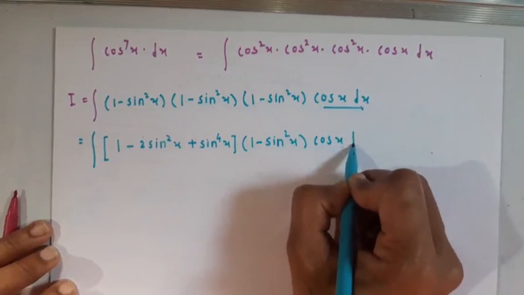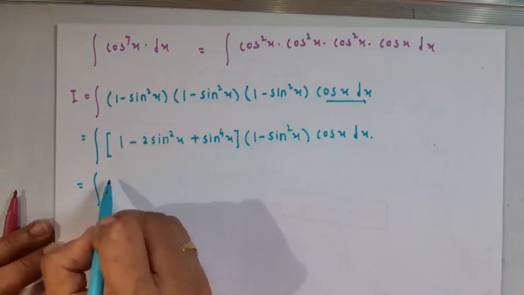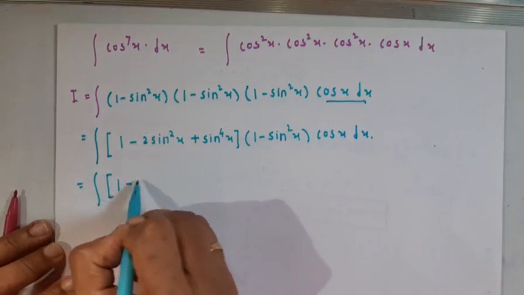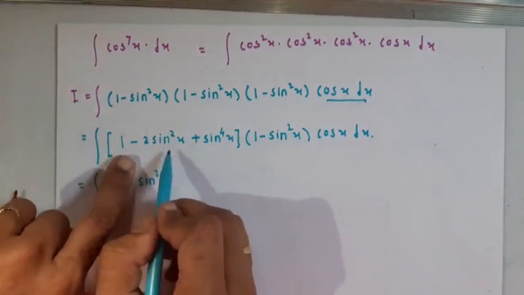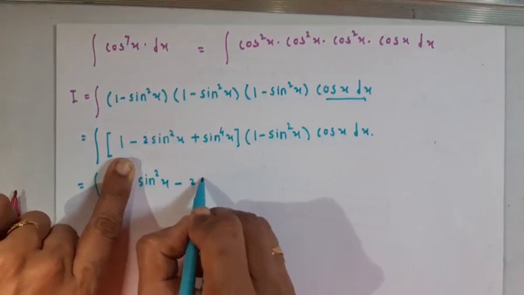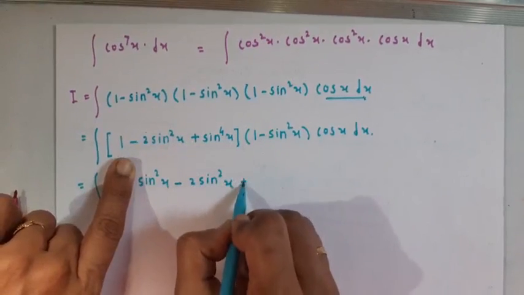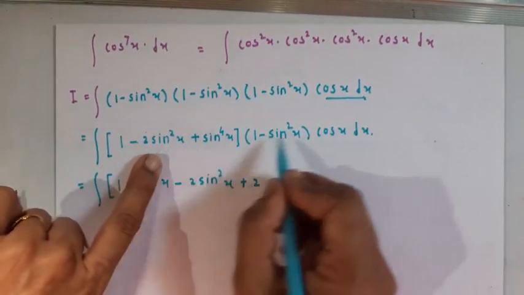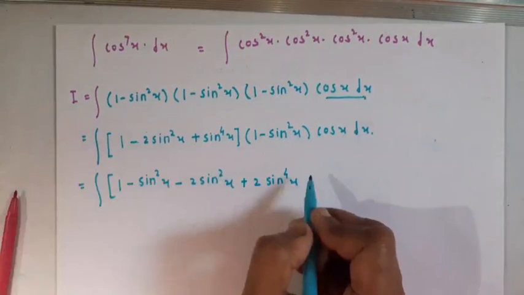Again solve the bracket, that is 1 minus sin square x. Now multiply with minus 2 sin square x: minus 2 into 1 is minus 2 sin square x, minus minus becomes plus 2 into sin square, that is sin raised to 4x.